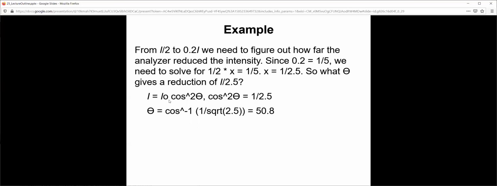But what we can do is plug this I to I naught into the equation for after the analyzer through the polarizer and solve for theta. So I over I naught is going to equal 1 over 2.5. So if cosine squared of theta is equal to 1 divided by 2.5, just take a square root, cosine inverse, and you find out that theta needs to be about 50.8 degrees.